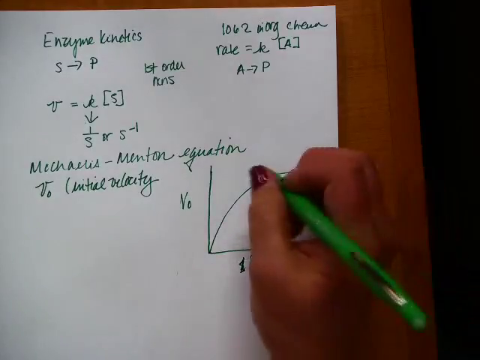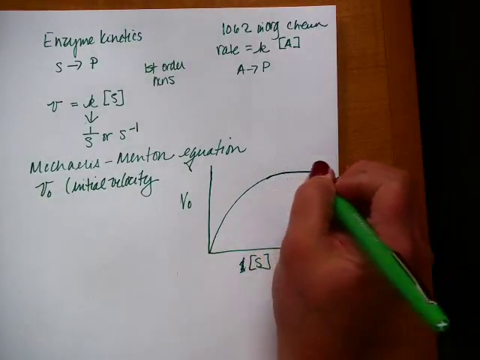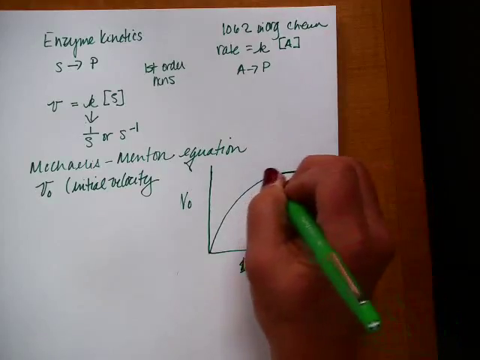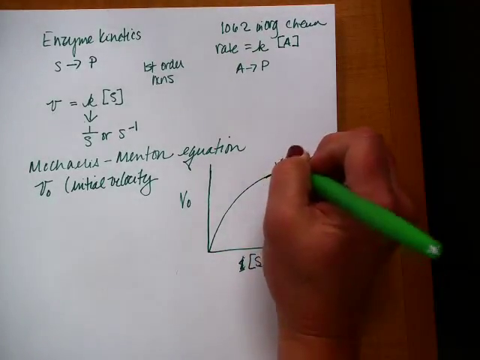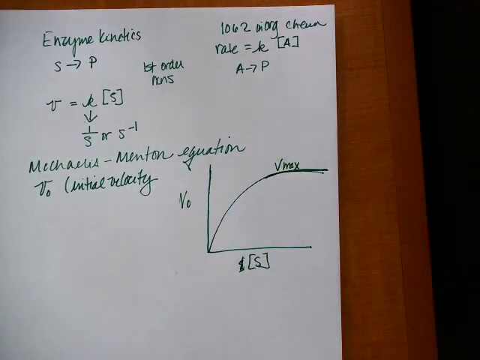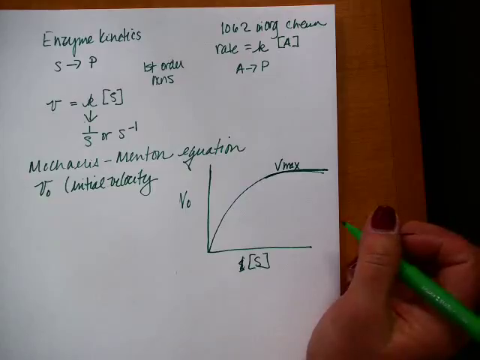Where we reach this equilibrium, substrate binding essentially equals substrate releasing. So we can't get any more substrate bound. Okay. And this is the Vmax. That's the maximum velocity that can occur with that concentration of substrate.